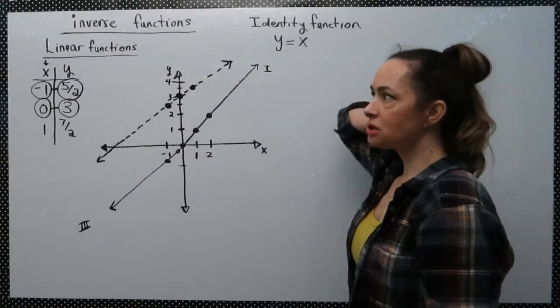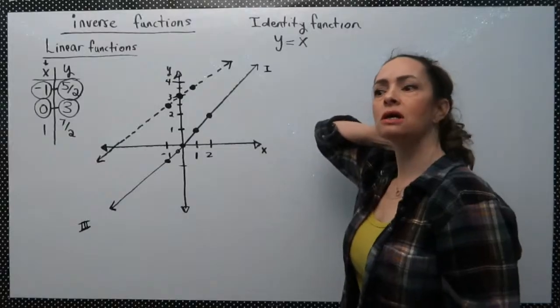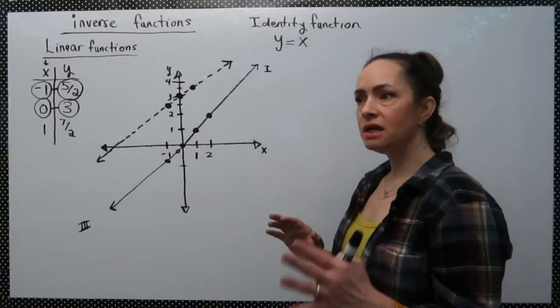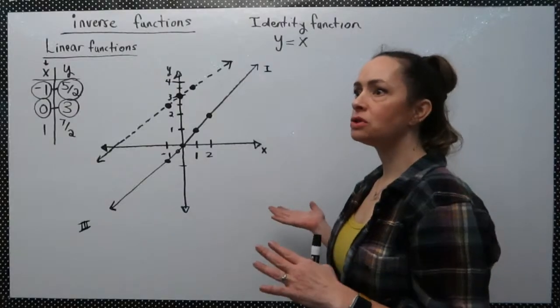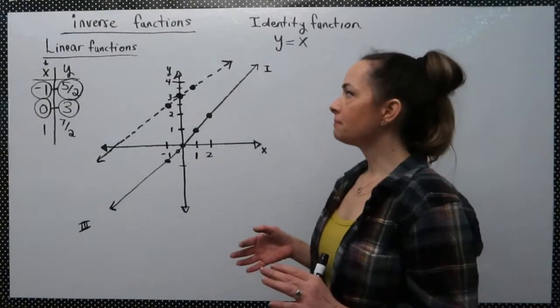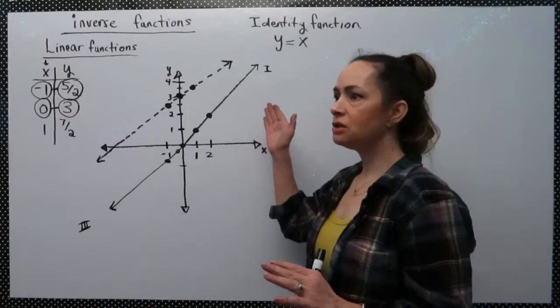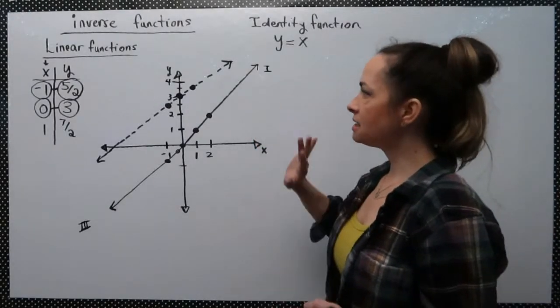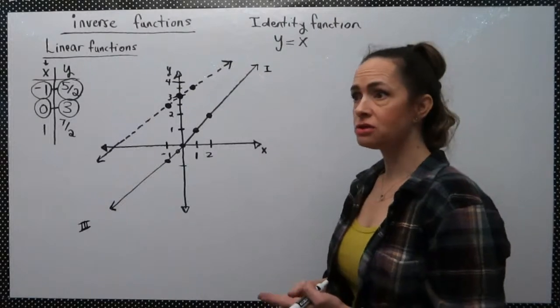And I'm not just talking about linear functions. I'm talking about every inverse and every invertible function out there, which there's a lot of them. There's many. They will have this unique characteristic, and it has to do with how you find the inverse.